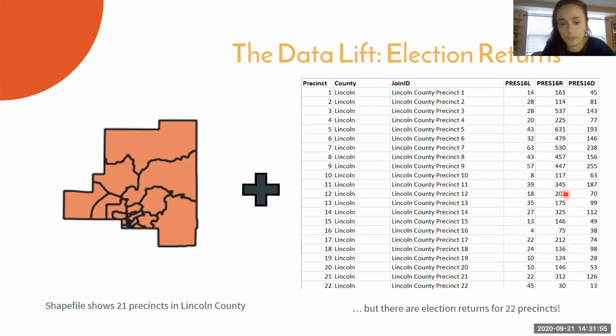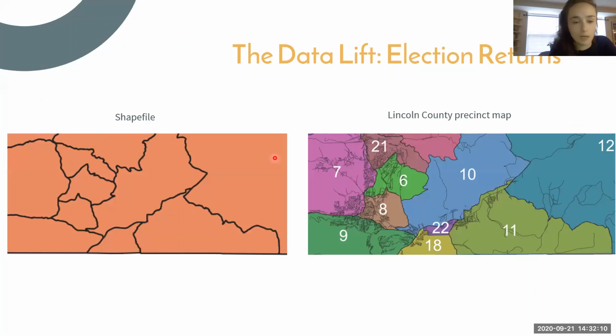So what do we do? We need to look and see what's going on and where this discrepancy arises. Otherwise, we don't know exactly how to attach the precinct returns to the shapefile. So if we zoom into this part of the county, this is just a blown up piece of that part. This is a piece of the precinct map from Lincoln County's website.